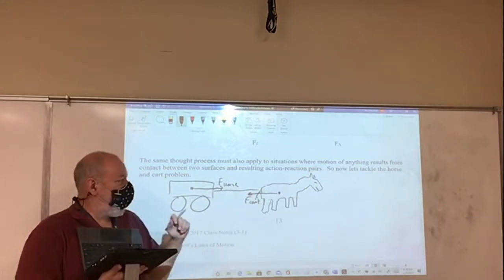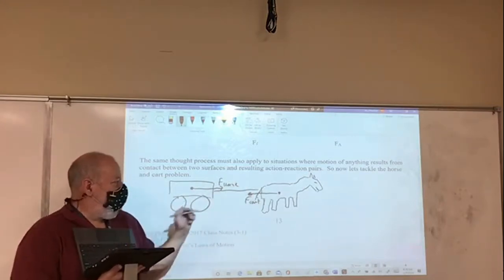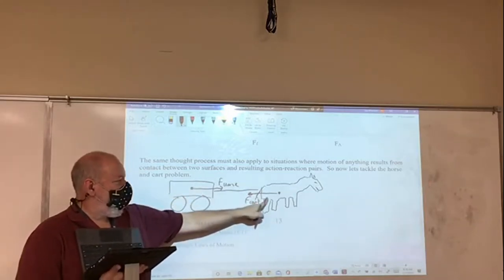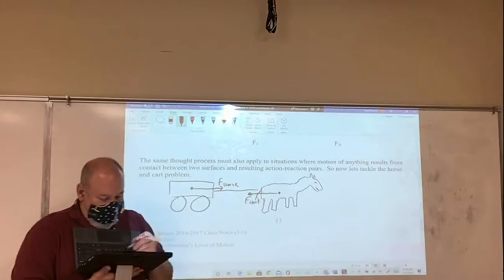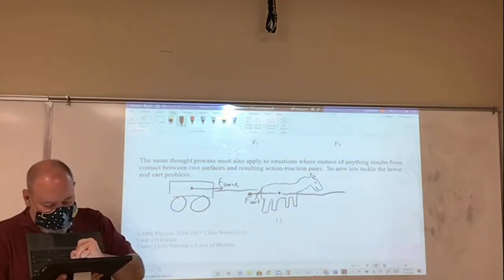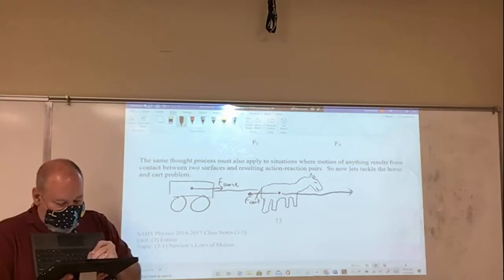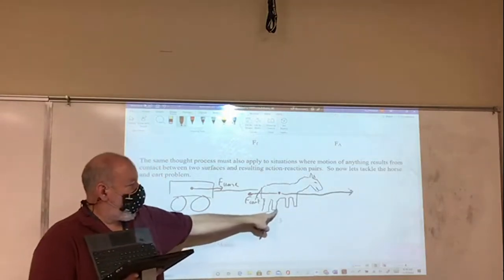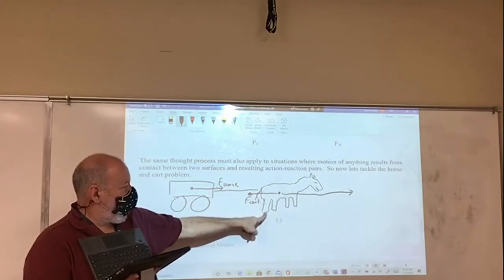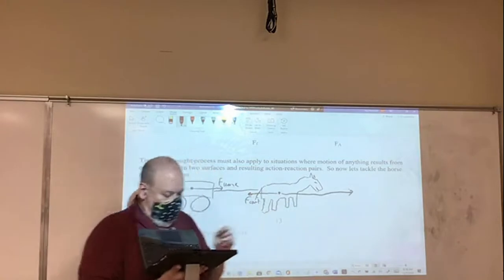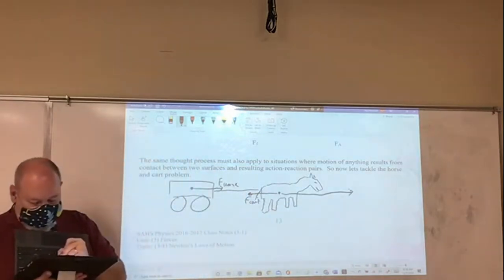This does not mean these forces cancel each other out, because this force is not acting on the same thing as this force is. What we're going to have is another force in the opposite direction, right? The horse is going to push backwards on the earth with a friction force, and the earth is going to push on the horse.